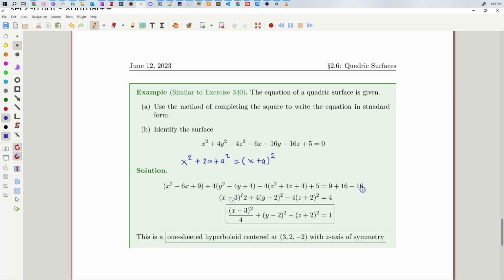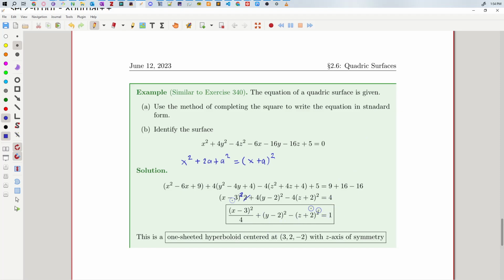And so simplifying this, again, this should be a 2 there. So you actually have x minus 3 quantity squared plus 4 times y minus 2 quantity squared minus 4 times z plus 2 quantity squared is equal to 4. That is one step closer to being something we can put into the standard form for a quadric equation.